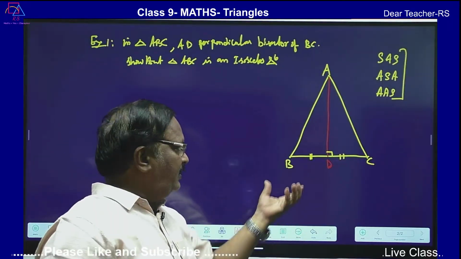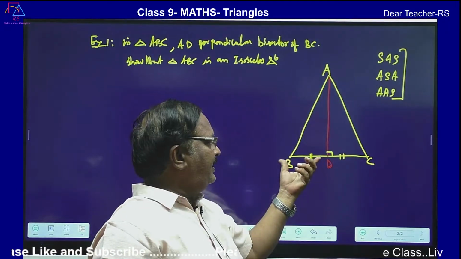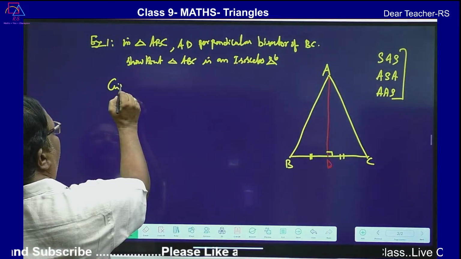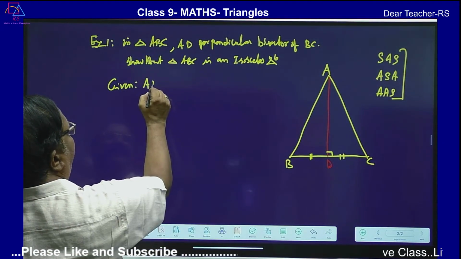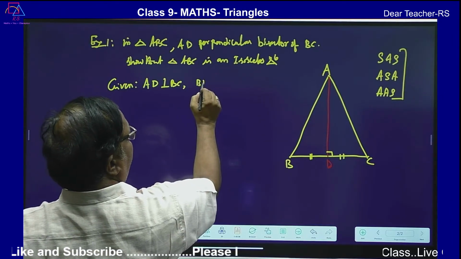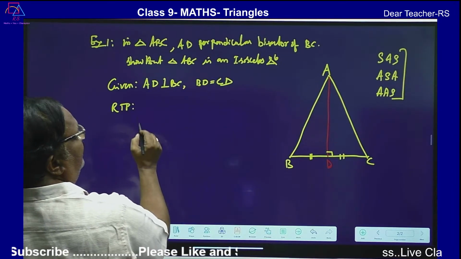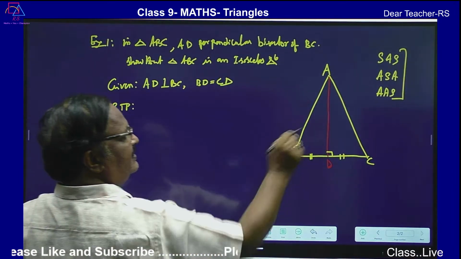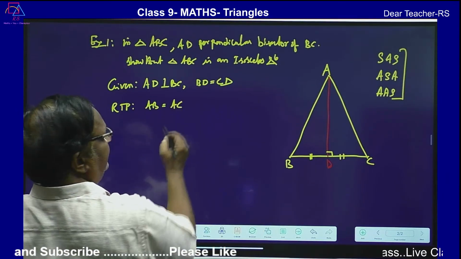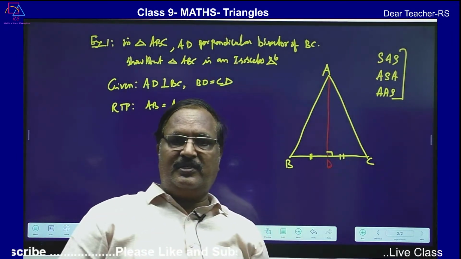Bisecting means dividing into two equal parts. So AD is bisecting means BD is equal to CD. Let us indicate this in the given: AD is perpendicular to BC and BD is equal to CD. Now what is RTP? We have to prove that ABC is an isosceles triangle. That means you have to prove AB is equal to AC, these two sides equal or these two angles equal. When is a triangle isosceles?